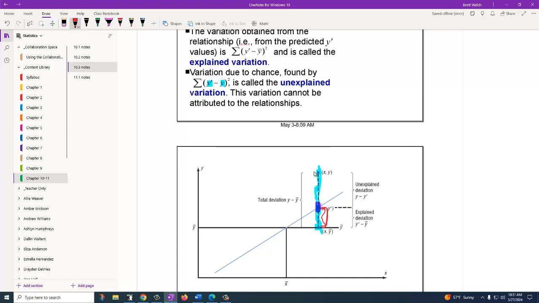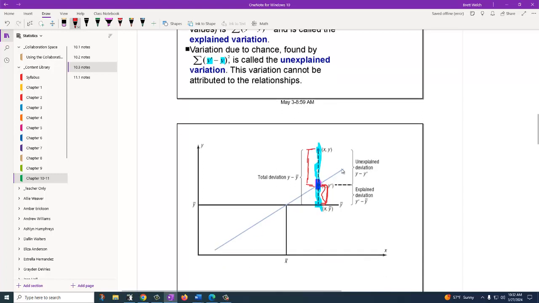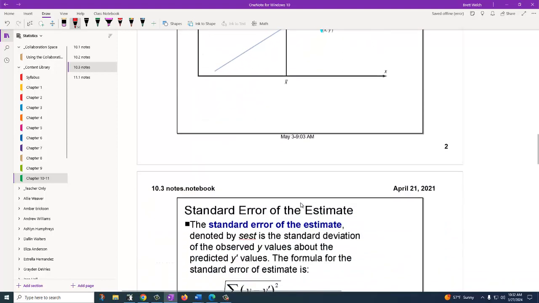However, if the dot lands further away than the y prime was predicting, that's unexplained variation, something we didn't expect or didn't predict. Now, if I did a scatter plot, each point has a variation that we don't understand or explain.